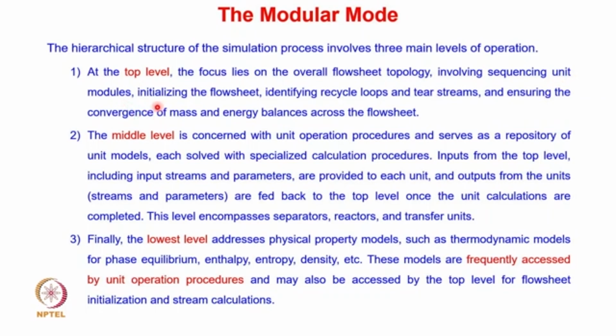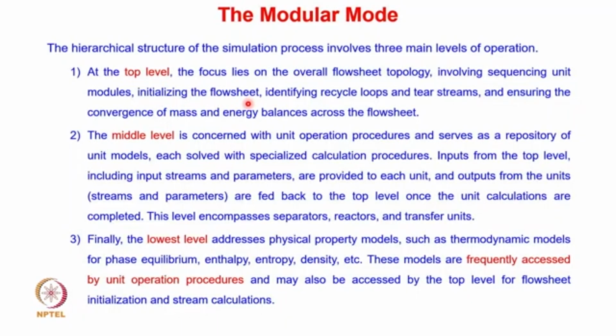So how sequentially different unit operations are arranged, and initializing the flowsheet. Initially we have to start with some assumptions of what will be the output, identifying the recycle loops, and tear streams.